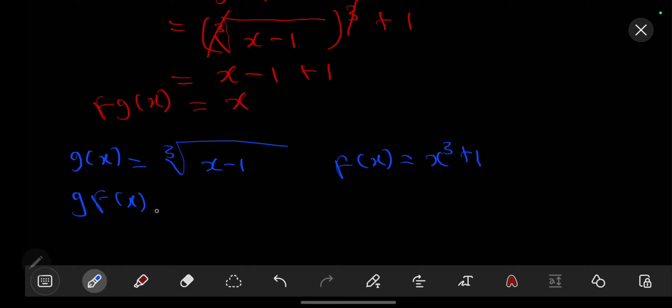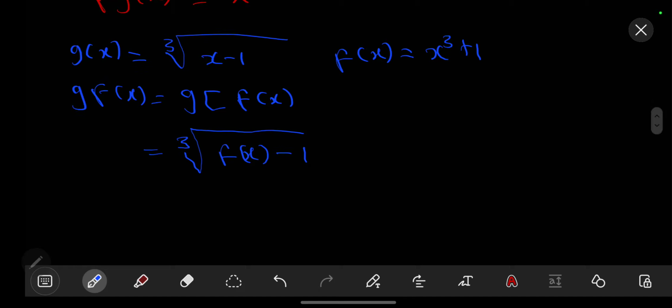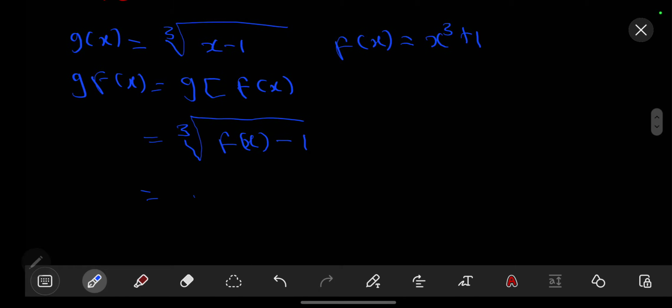Having this, we are going to find our gf of x, which is the same as g where there is x, we are going to put our f of x. So substituting, where there is g, the function of g is such that it is the cube root of x minus 1. Where there is x, we are going to put f of x. So now we are going to put the function of f of x, which is x cubed plus 1, then we have minus 1.